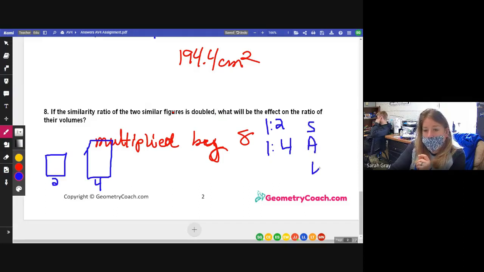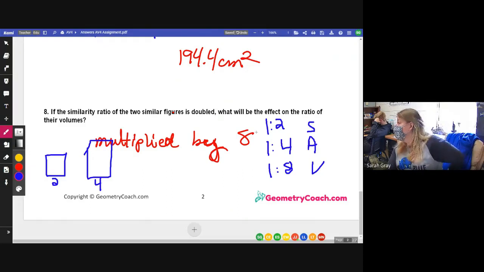And your volume ratio will be 1 to 8, because it's 2 cubed. So that's why we multiply by 8. When you double the size of a shape, the volume gets multiplied by 8. The area gets multiplied by 4.